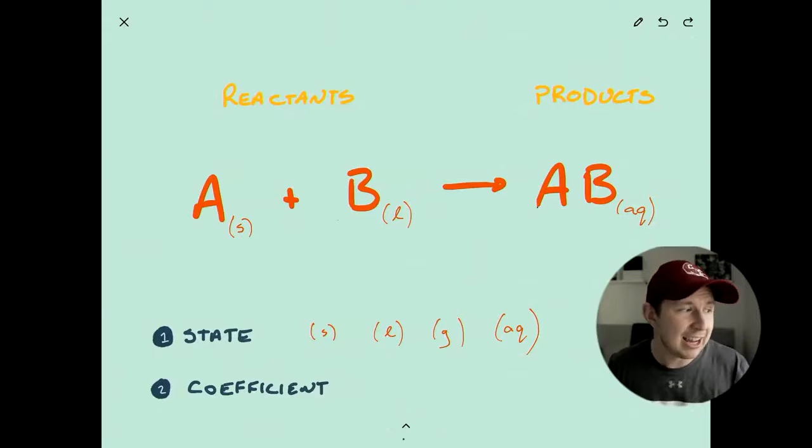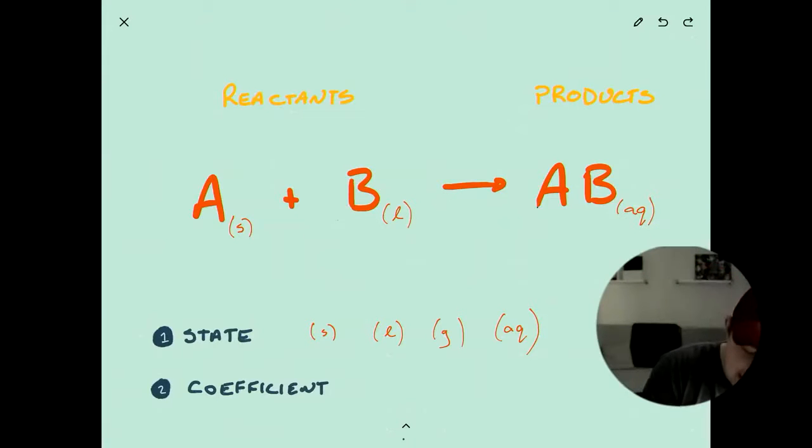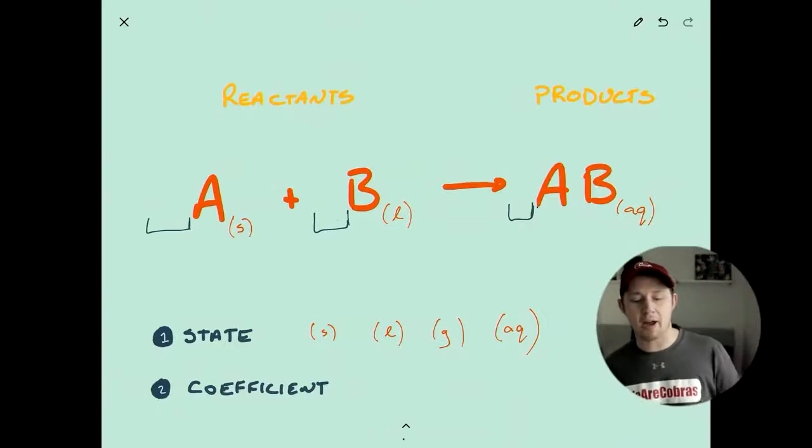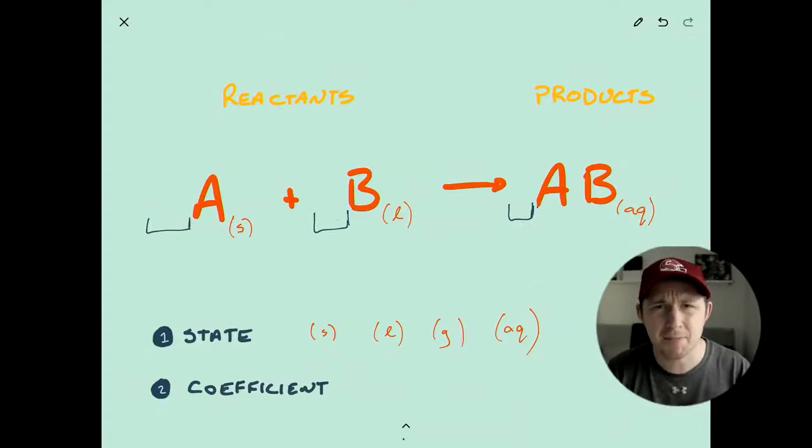That's number one. The second thing that each compound needs to have is what we call a coefficient. And the coefficient is a number that goes right before our compound in those spots there. So I want you to think back to math. We talked about coefficients in our polynomials unit. And the coefficient tells you how many of each thing that we had.